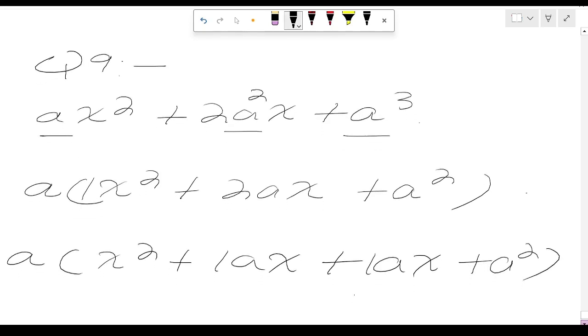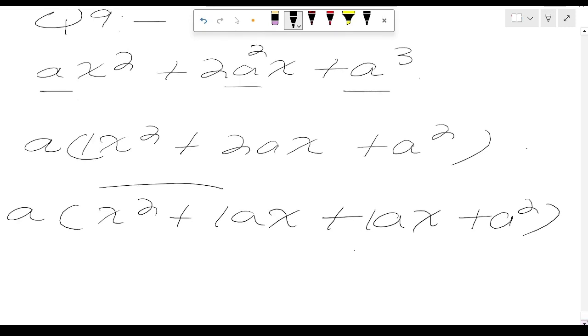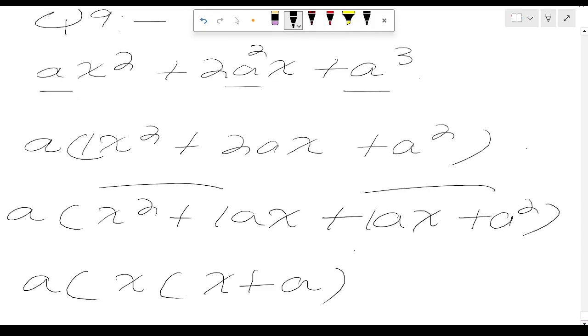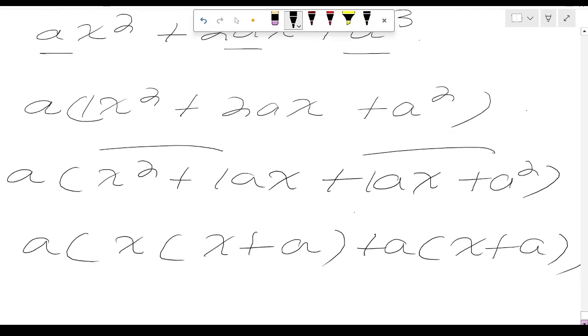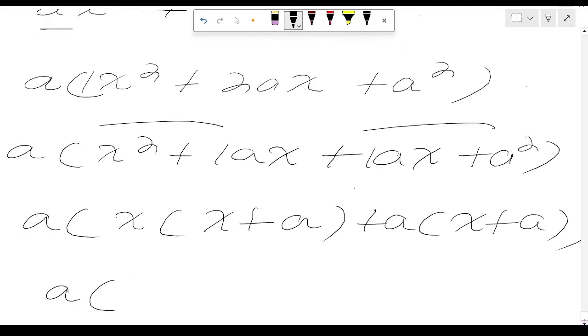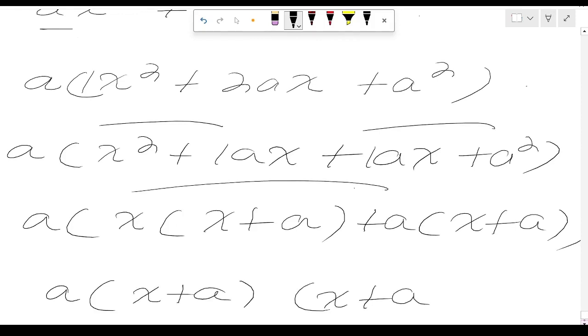After writing that, we have four terms. We're going to make two pairs out of them. So a bracket x plus a, and then plus a bracket x plus a. So now I have x plus a, and x plus a again as my second factor. So this was the first part.